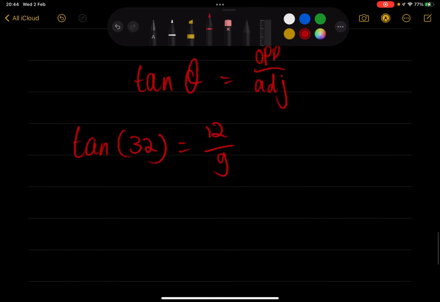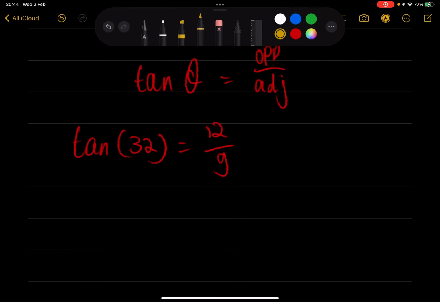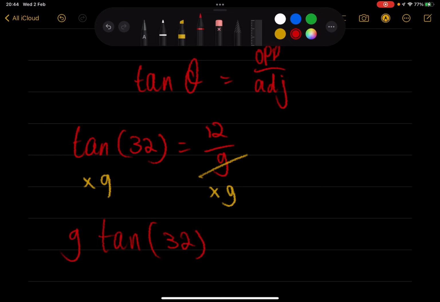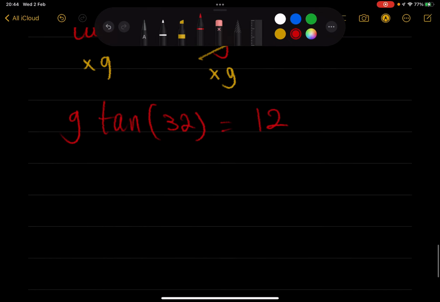12 divided by G. Okay. Now, your thinking method, you should be timesing by G on both sides. That's to get rid of the G on the bottom, you see? So now you get G tan 32 equals 12. And then we should be dividing by tan 32 on both sides.